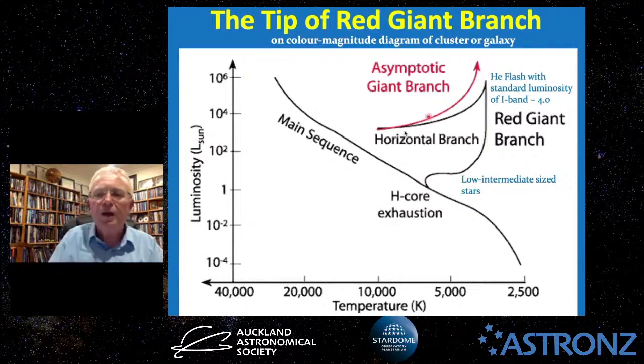So if you plot out a few thousand stars and see them accumulating in a group up here, you know that in your I band the absolute magnitude is about minus 4.0. You compare that with what you observe in your color magnitude diagram, and once again, you use your distance modulus formula for working out the distance.